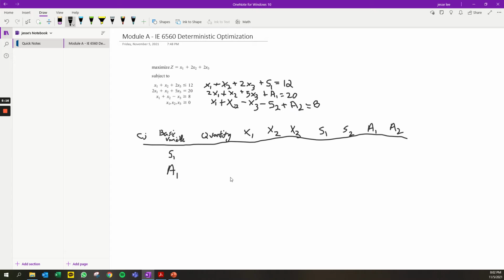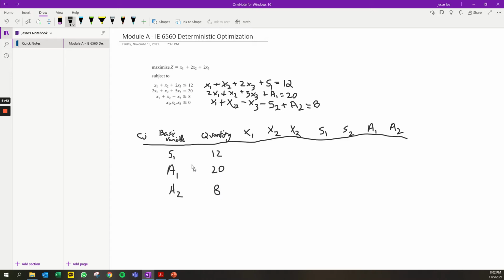Third equation is A2. And then from here, we have to write our quantity. Our quantities are shown on the right hand side of the equation, so it'd be 12, 20, and 8.